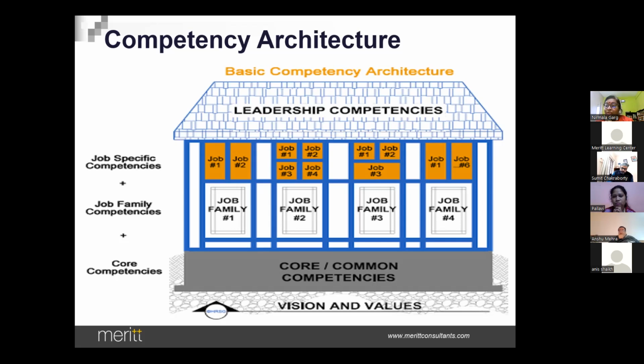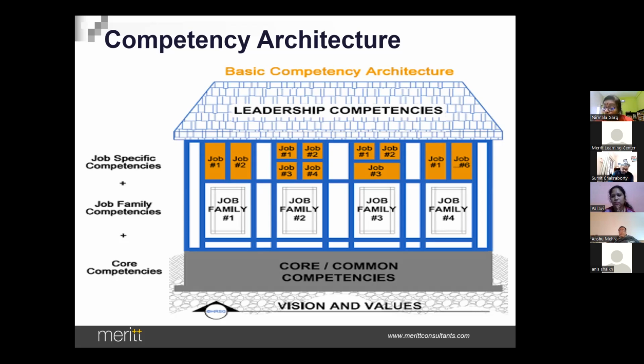If you say, I want to be very operationally efficient, it doesn't happen on its own. It has to be translated into all your processes and policies, everything in your standard operating procedures. So your competency framework will be driven by that operational efficiency.